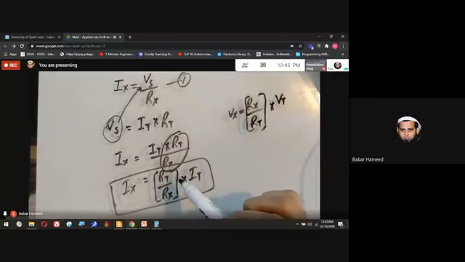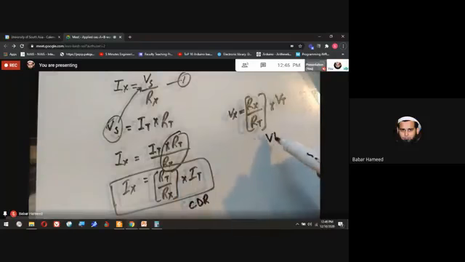Here the formula is reversed. Total resistance is divided by that particular resistance times the total current. This is CDR, current division rule, and this is the voltage division rule or voltage divider formula. So in general, the current Ix through any branch equals the total resistance divided by the resistance of that branch, multiplied by the total current into the junction of parallel branches.